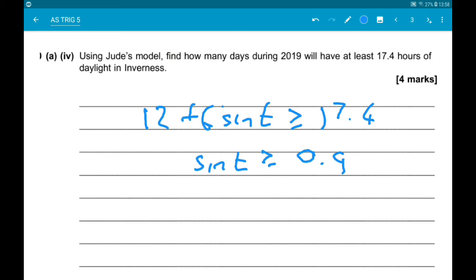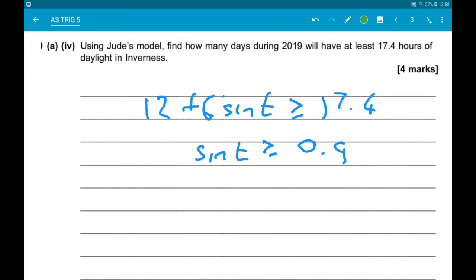Okay, now if we inverse sine 0.9, then to the nearest day we roughly get 64. So that means the 64th day after the 18th of March is the first day to have at least 17.4 hours of daylight.